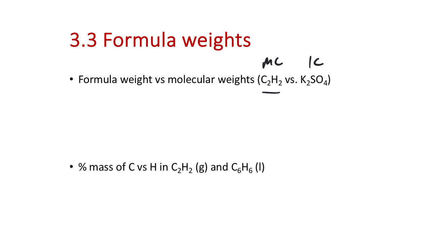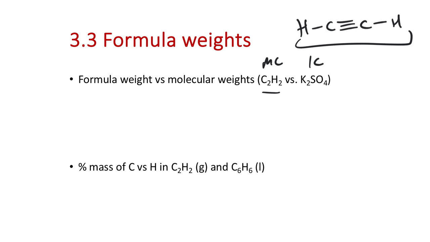And now the real distinction here, and this is an important one, is that C2H2 being molecular, if I had acetylene, an acetylene molecule is different from its neighboring molecule. You're going to have a collection of acetylene, a bunch of C2H2s. You don't have to predict this structure, but it actually looks like this. You end up with a bunch of these molecules that are all independent of the molecules next to them, other than maybe there's some interactions.